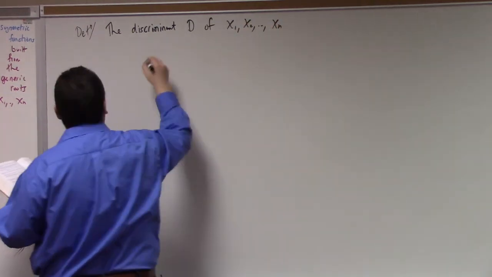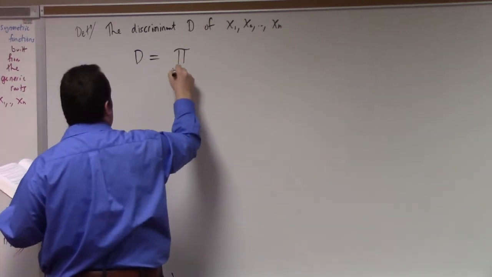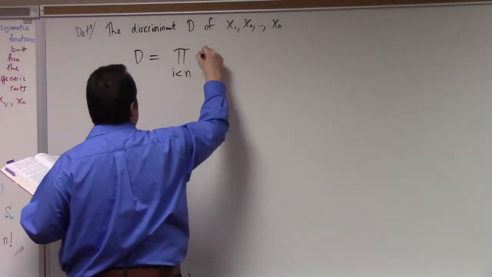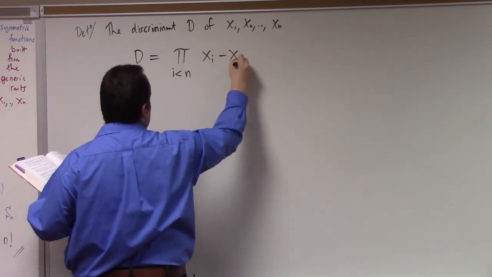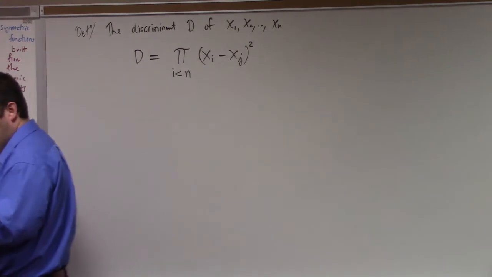All right. D is equal to the product, i less than n, of xi minus xj squared. He says, define the discriminant of a polynomial to be the discriminant of the roots of the polynomial.